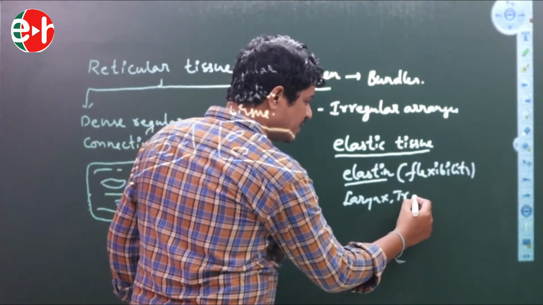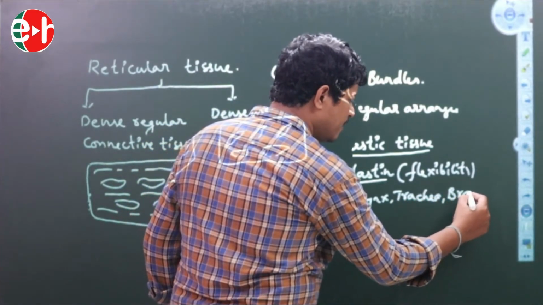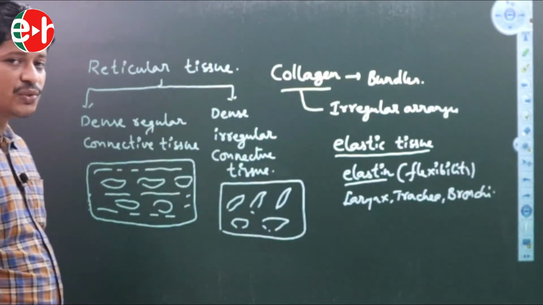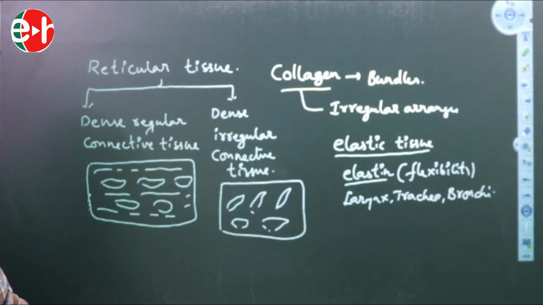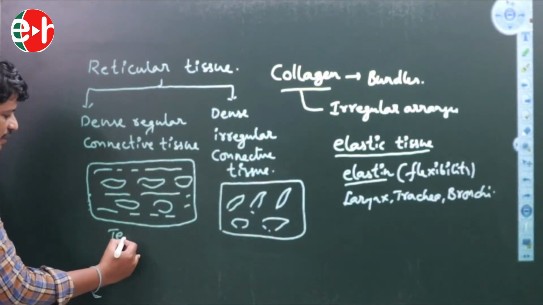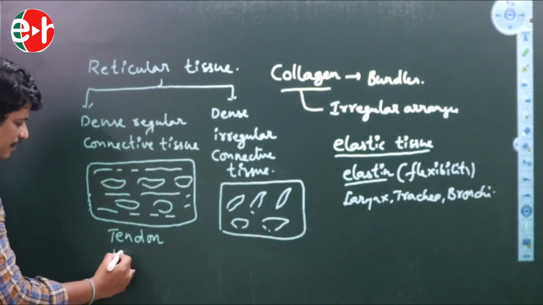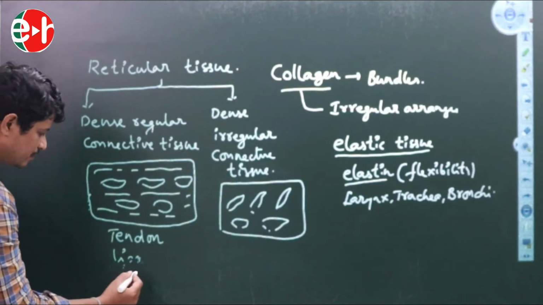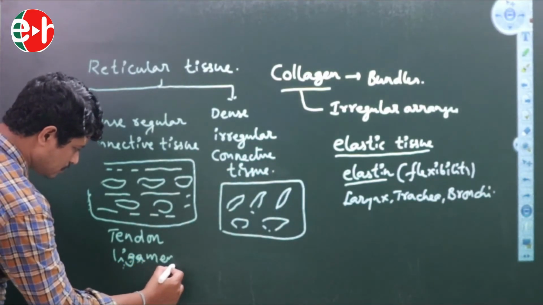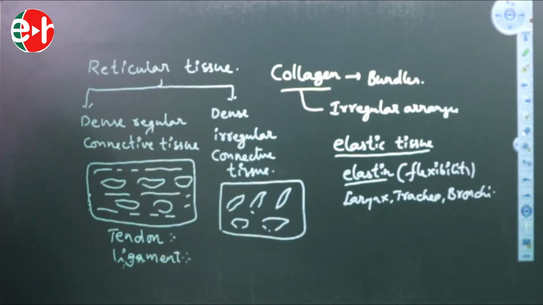It is also present in the trachea and bronchi. These are some of the examples where the elastic tissue is present. The dense regular connective tissue examples are, first one is tendon and the second one is ligament.